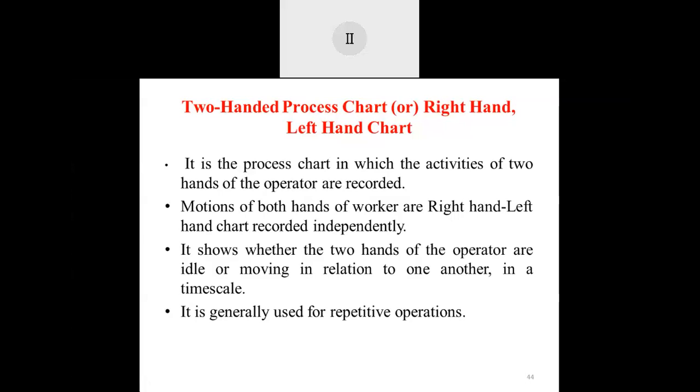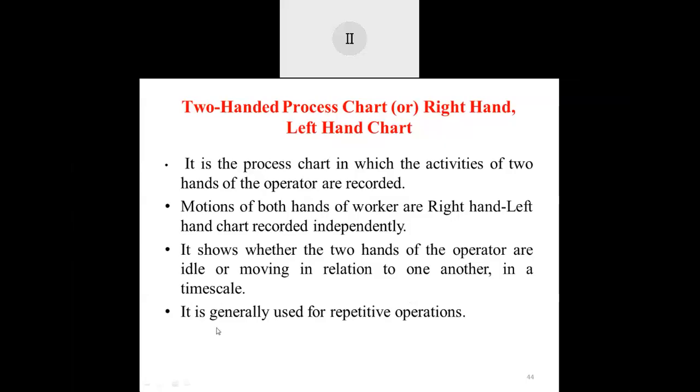This type of chart shows whether the two hands of the operator are idle or moving in relation to one another on a time scale. So this process chart will show whether one hand is idle or working compared to the other hand in a particular time period.